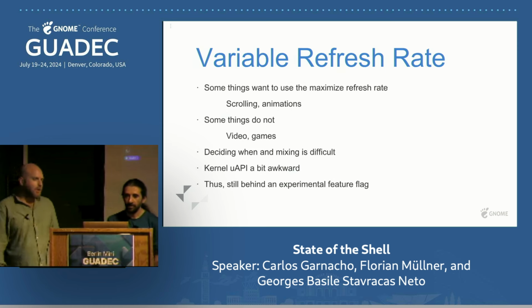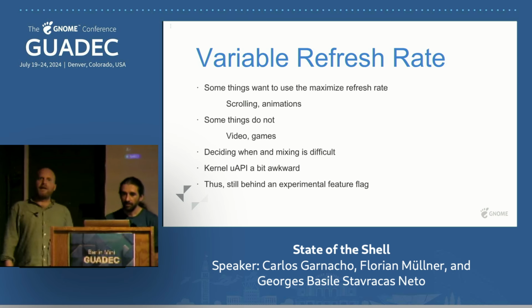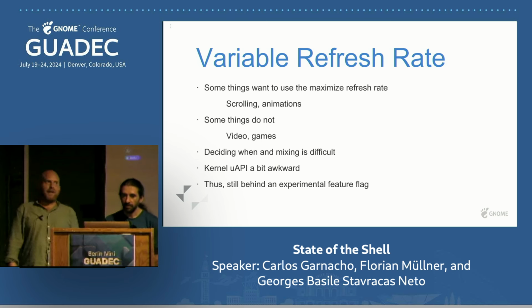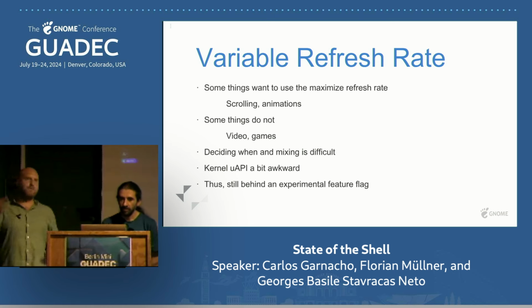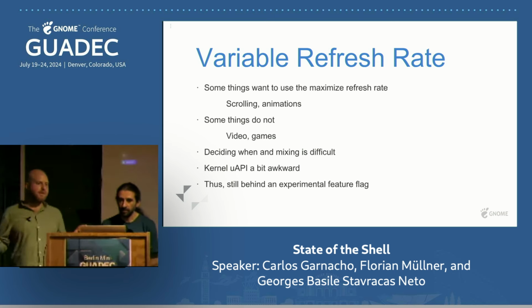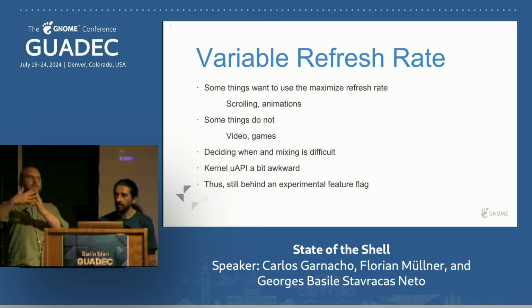So we got a lot of awesome work on variable refresh rate. Shortly here again, for many actions like scrolling, you of course want the highest refresh rate your monitor supports. In other situations, especially for videos, for example you watch a video with 60 FPS on a monitor with 144 Hertz, this doesn't quite match.